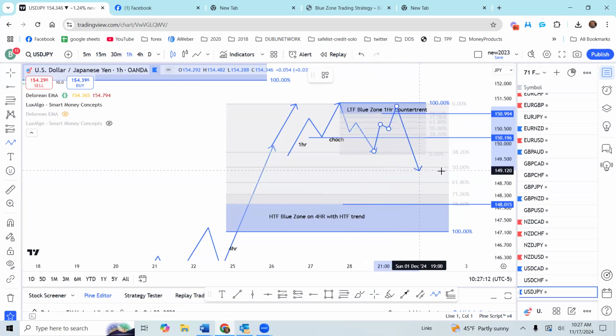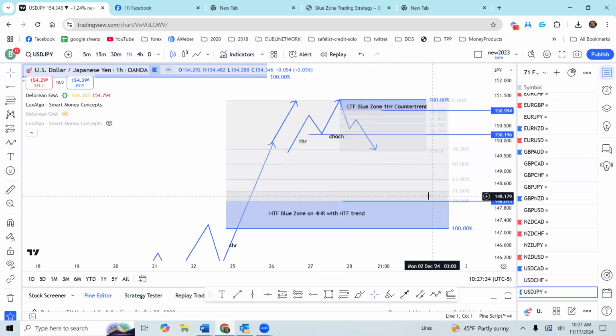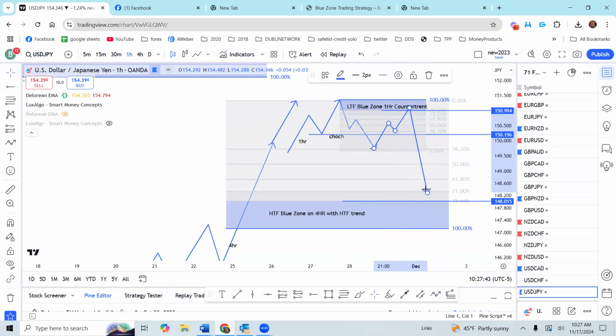And as long as you're not taking a trade inside of the higher time frame blue zone 50% retracement, that's right here. As long as your trade's not executing down in this discount area, then you're still okay to take the trade down. So you wait for price to come back, and then you hope to take it down.